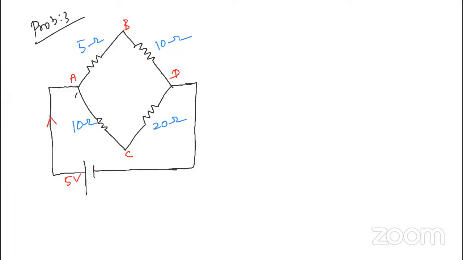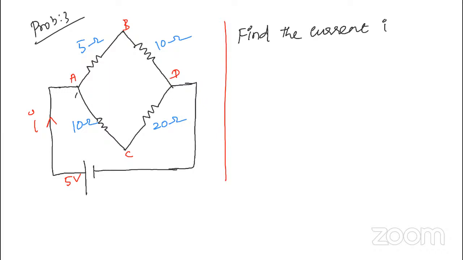When the current I flows through the circuit, if the 4 resistors are connected in this format, they are asking: find the current I value shown in the figure.